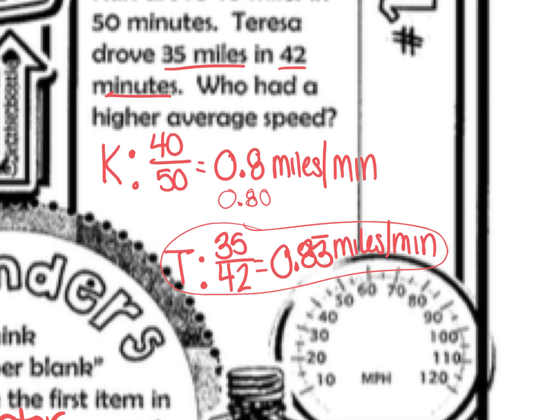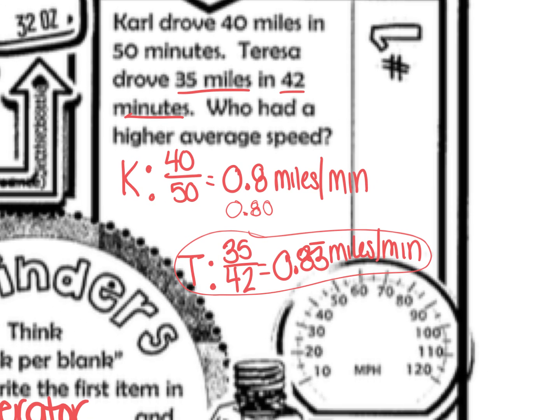All right. So again, the big takeaway from this problem, ladies, is that if I've got two different rates, I've got Teresa's rate, I've got Carl's rate, and I'm trying to compare who's faster, who's better, I want to take both of them and turn them into separate unit rates, and then I can compare them.